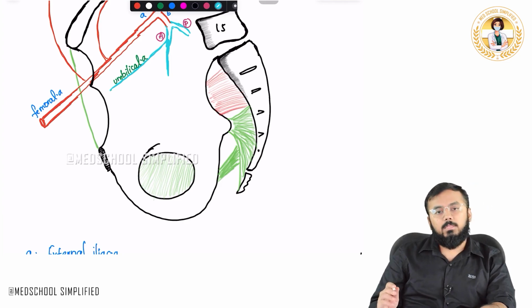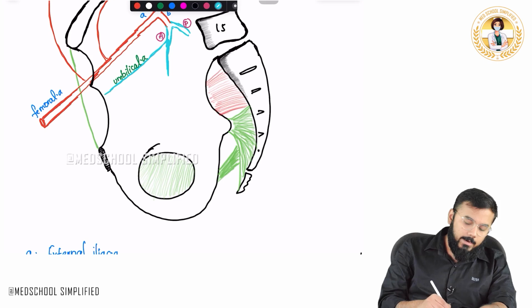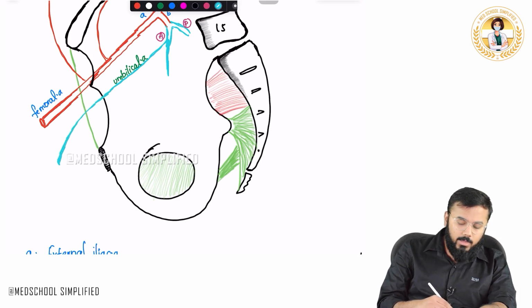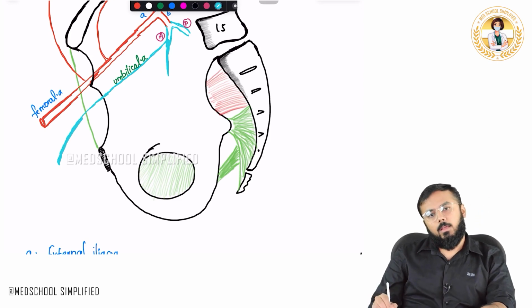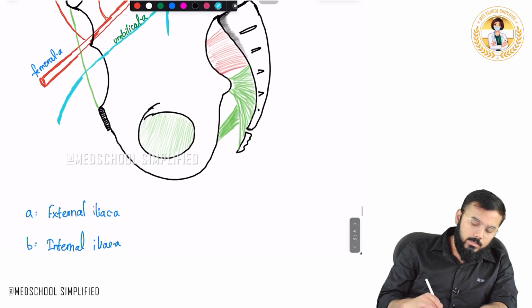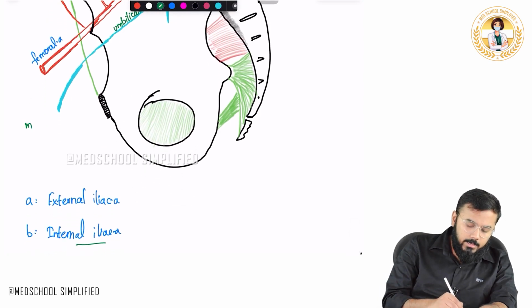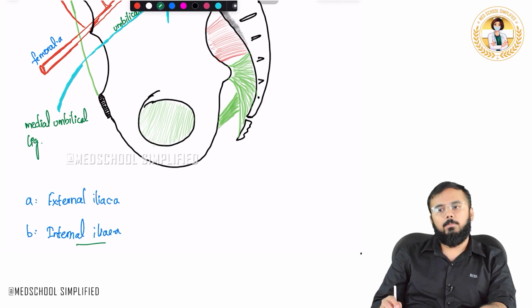Later on, the umbilical artery will become obliterated, and it will convert into a very thick ligament. This ligament is called the medial umbilical ligament.